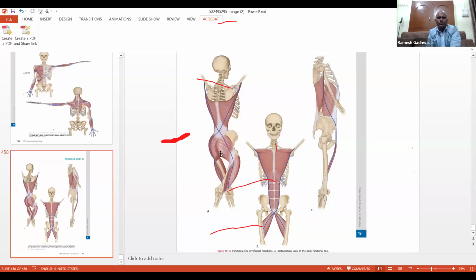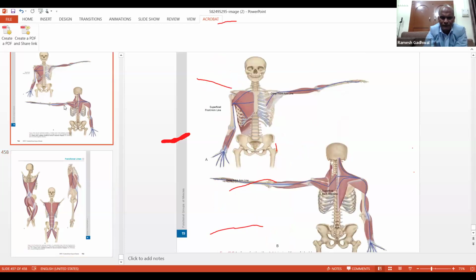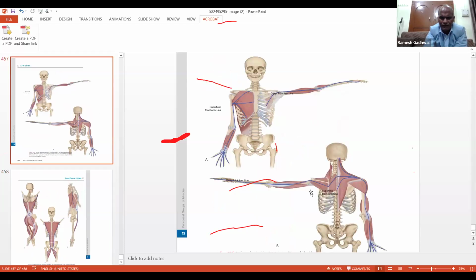From T7 to the sacral area and coccyx, controlling all the things with the relationship of this. Trapezius is coming here. Okay.